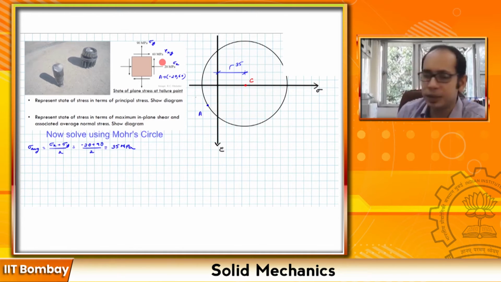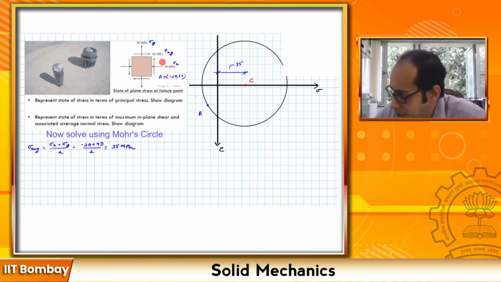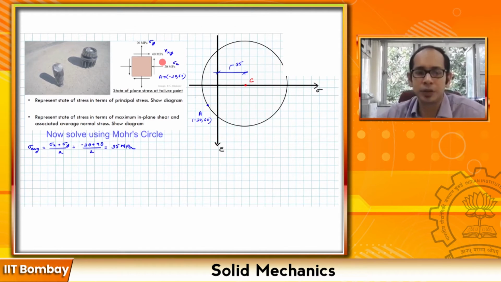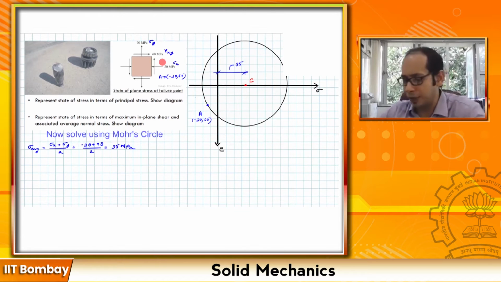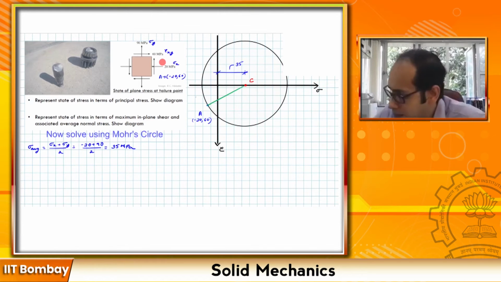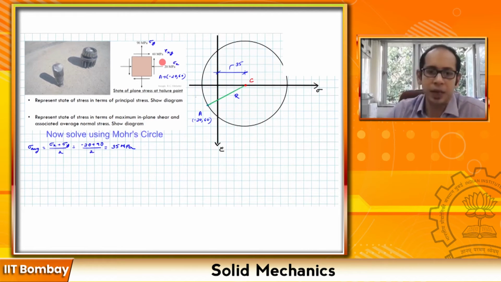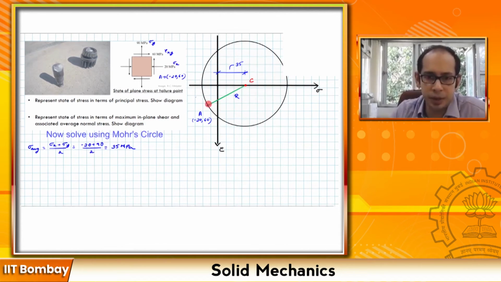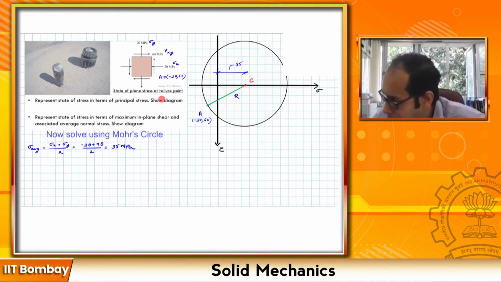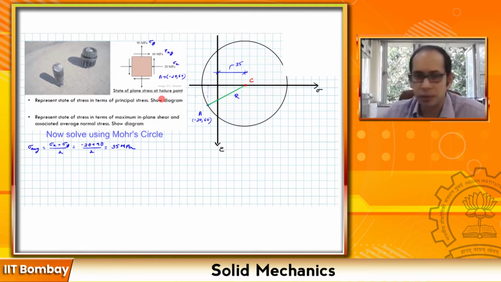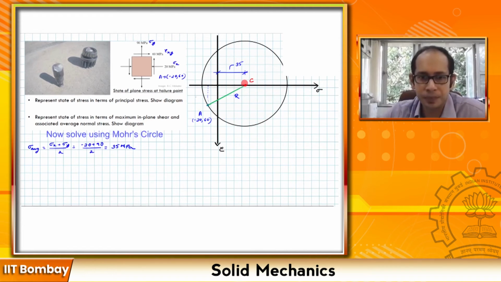So if this is my point A, which is at -20 and 60, my next job is to find the radius of the circle. So I am going to join C with A. This is my R, the radius of the circle, and it is easy to calculate because from this triangle over here, I need to just find R. That will depend upon this length, which I know already.